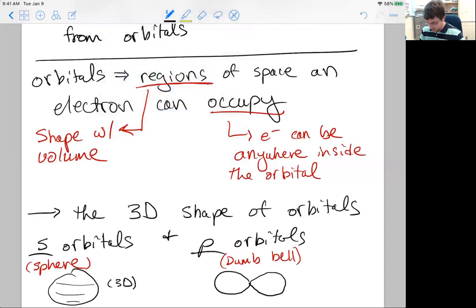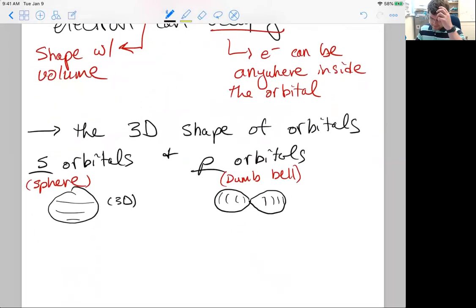So these are p orbitals. Now they're three-dimensional, so there's a three-dimensional component where you can think about these as two spheres connected in the center that are sort of distorted a little bit. And people say it looks like a dumbbell because you could grasp the center of it, I suppose. So these are the shapes of the orbitals.